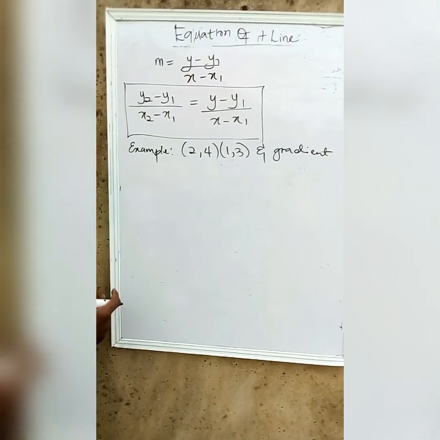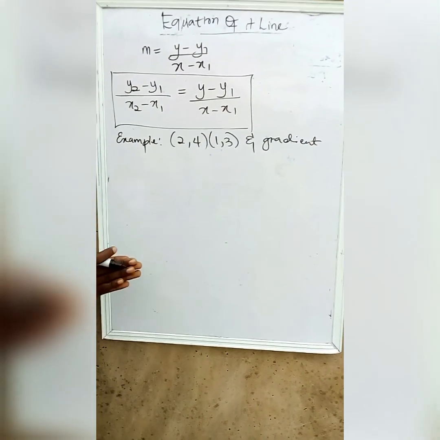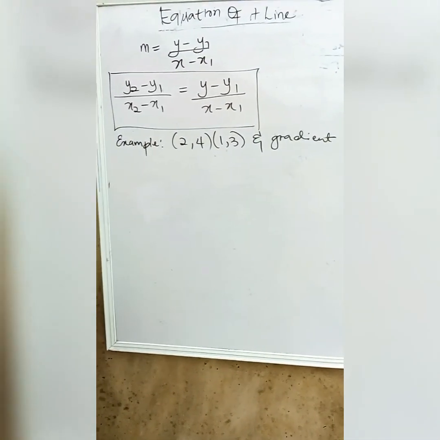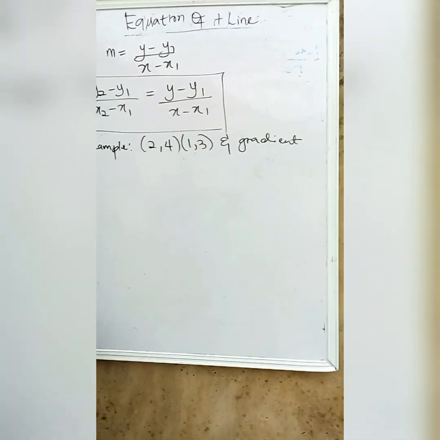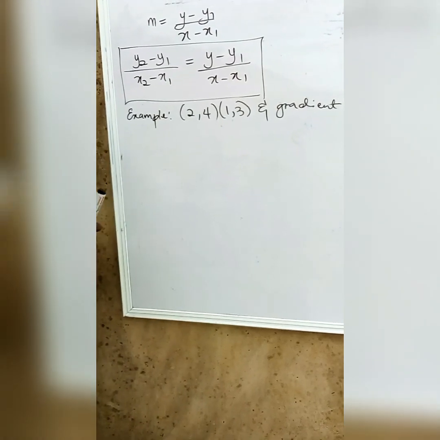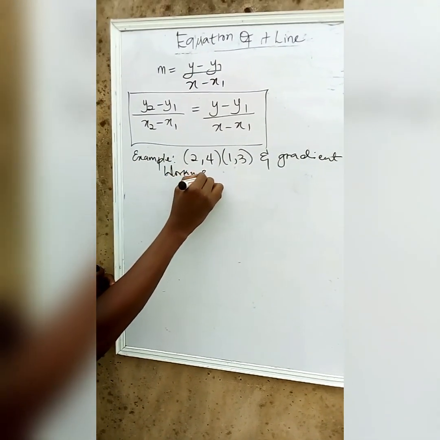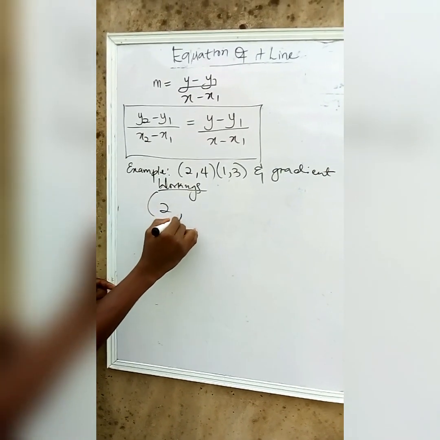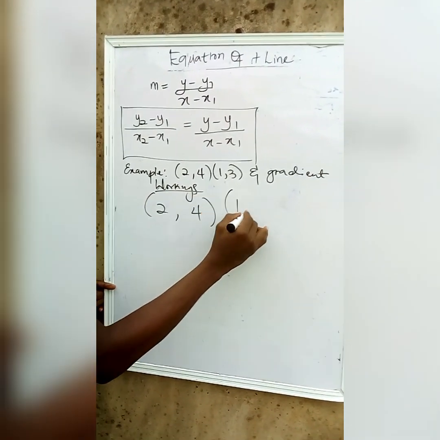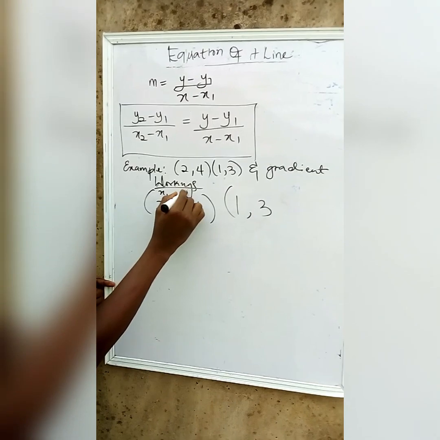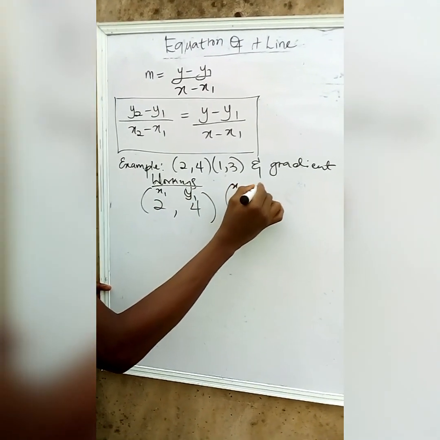Even if they did not ask you to find the gradient, you should know that you have to look for the gradient. Don't forget, I said anytime you want to find the equation of a line, always look for the gradient. So let's go. The first thing to do is to label 2, 4, 1, 3 as x1, y1, x2, y2.